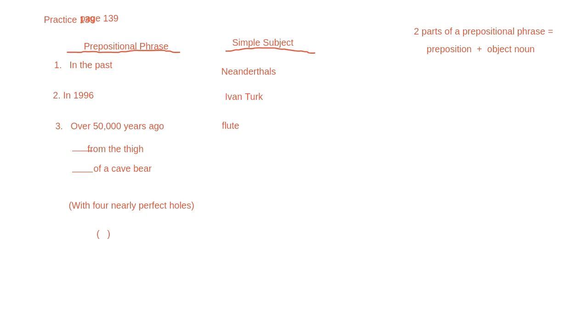So we have "with four nearly perfect holes," and then another prepositional phrase would be "in a row," and then we want to circle the word instrument. Okay, so in number 4, we have 2 prepositional phrases and then 1 simple subject.